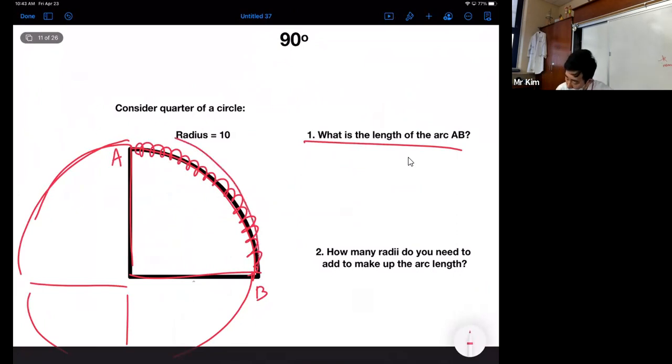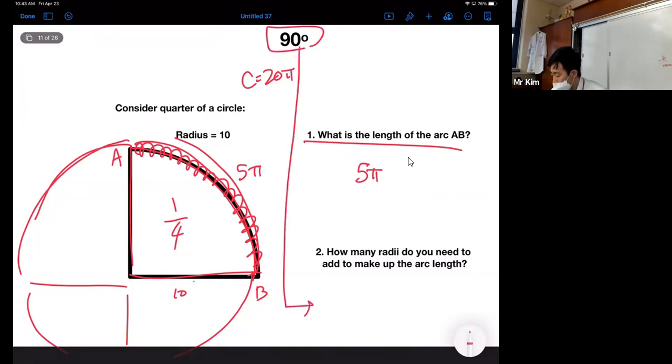Remember, with the radius of 10, the circumference was 20 pi from the previous notes. I am taking only 1/4 of it, so I need you guys to write this down as 5 pi. The length of only this portion should be 5 pi. So how many radii do I need to add to make up the arc length?